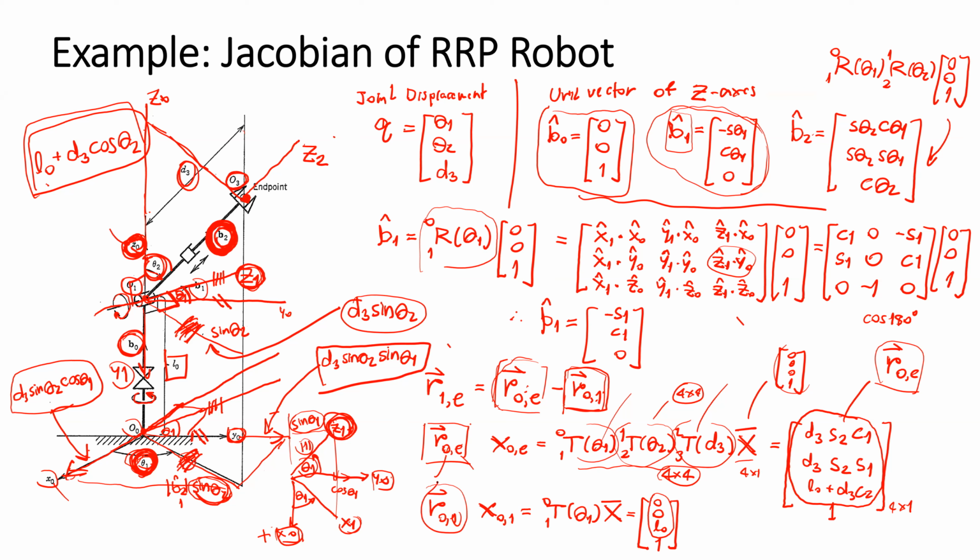Next we want to find the relative position vector that points from the origin of frame 1 to the end effector.